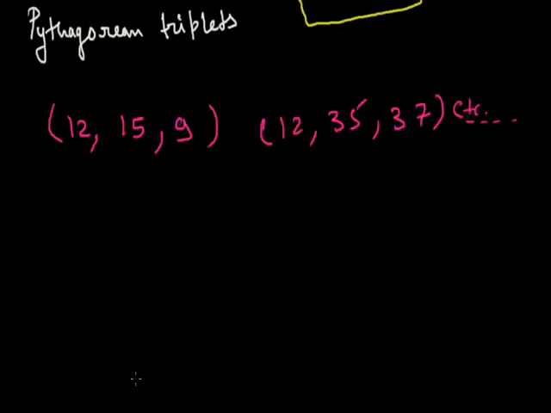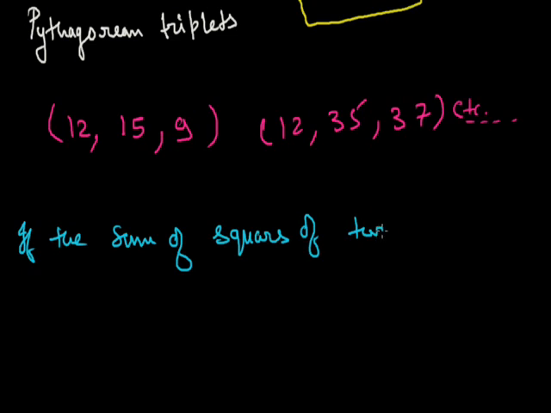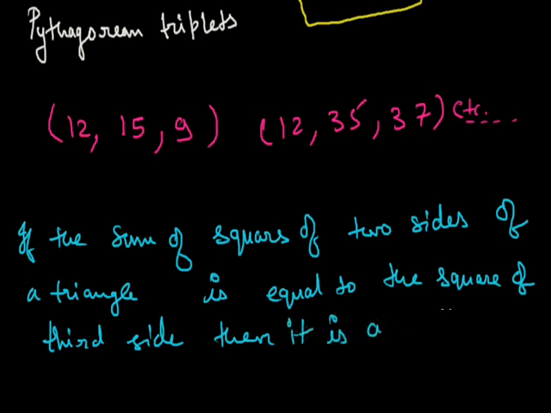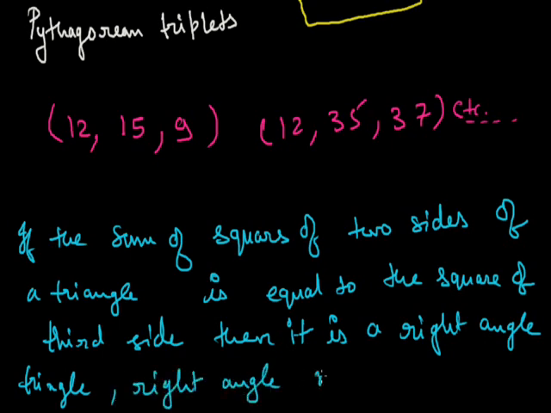Since the converse of Pythagoras theorem is also true, that is, if the sum of squares of two sides of a triangle is equal to the square of third side, then it is a right angle triangle, right angled made by the two smaller sides.